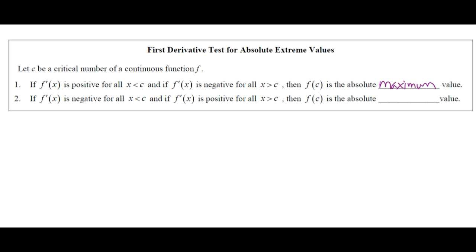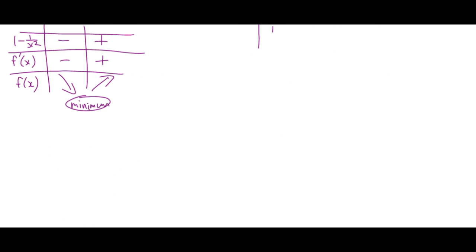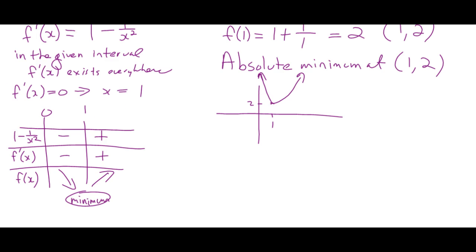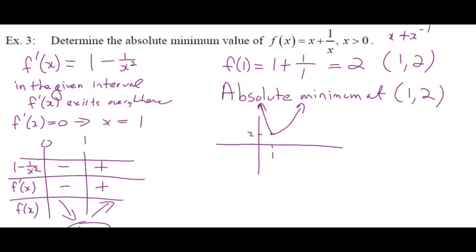And if f prime of x is negative for all x less than c and positive for all x greater than c, then it's the absolute minimum, right? Okay, and keep in mind, we're capturing that down here. So that kind of points the way for you. All right.